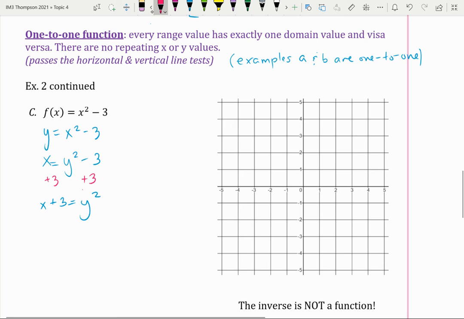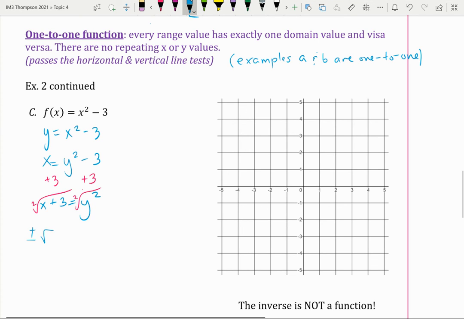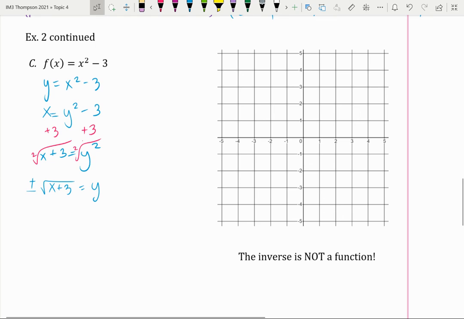And to get y by itself, I take the square root of both sides. When I take the square root of both sides, I always get positive and negative, or plus and minus. And finally, I'm going to rewrite this with my inverse notation.